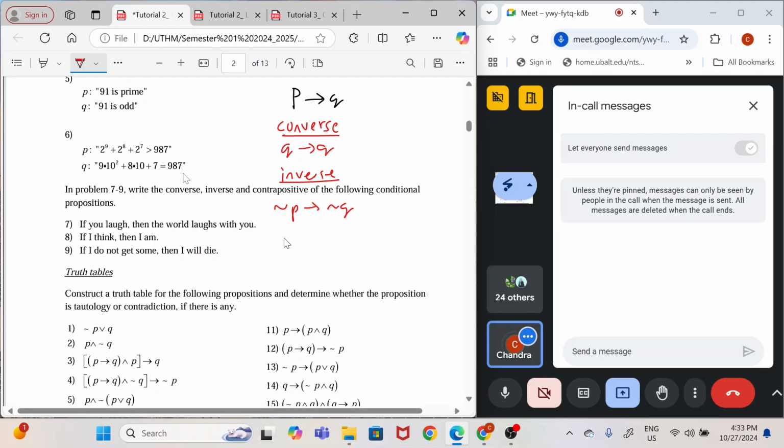So contrapositive, that is not Q implies not P.